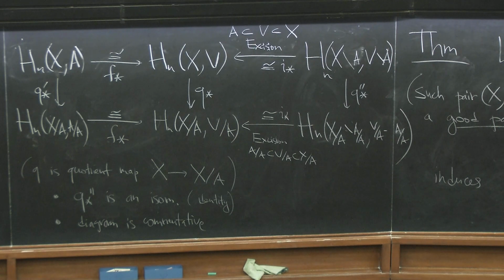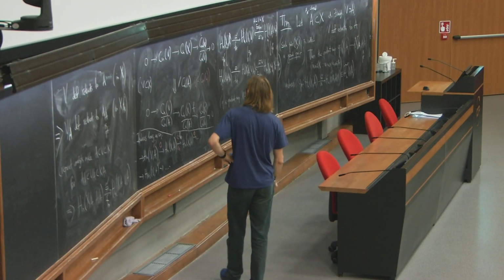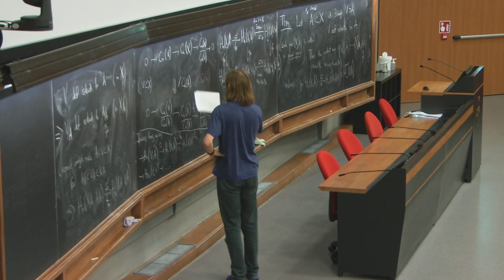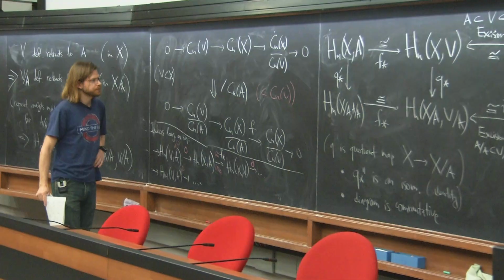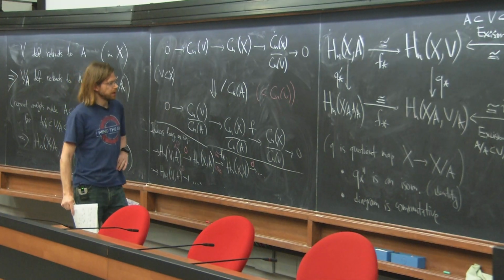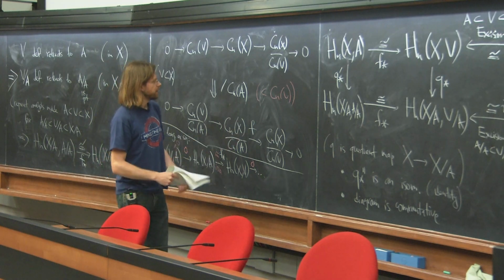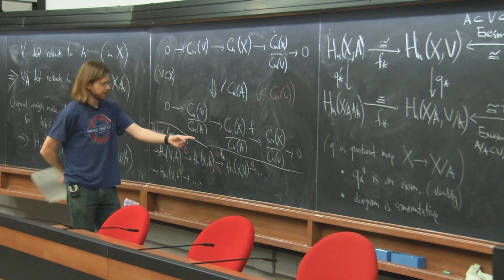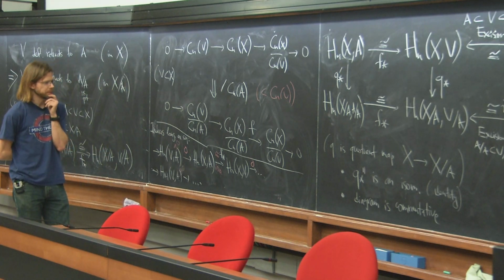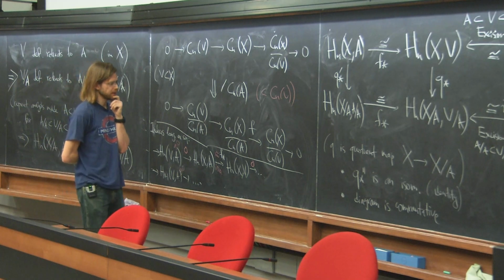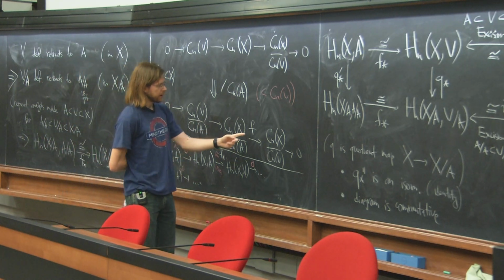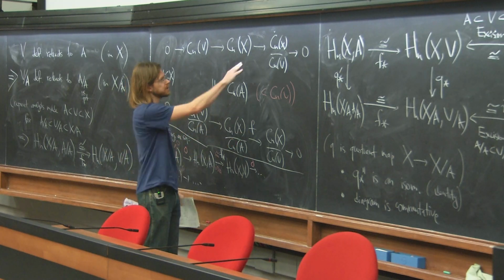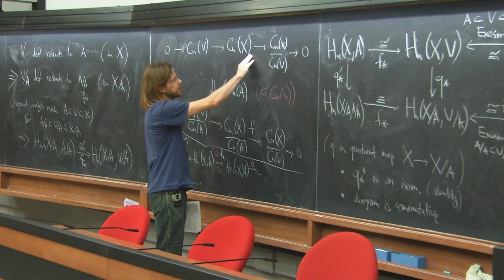So let's look at how these F stars are defined. F stars are defined by quotienting. If we return to what we had here, this F was induced by the map which we have here, which was just a projection map.